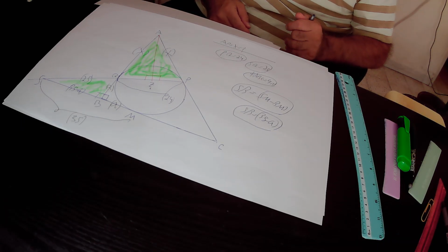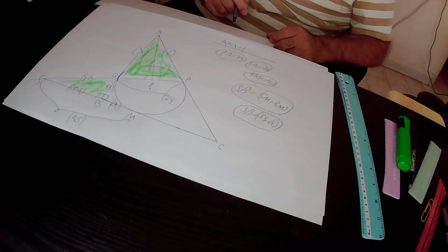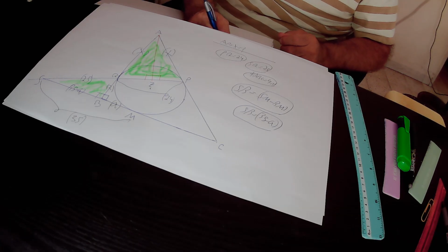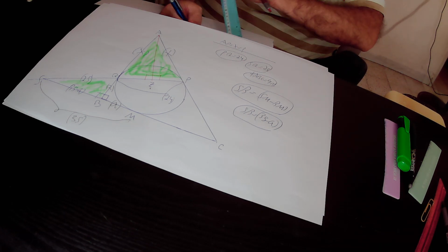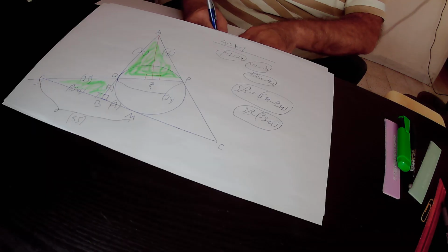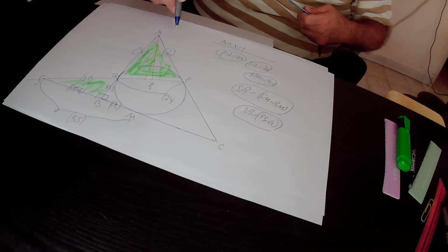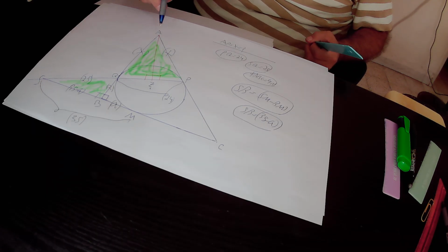So according to rule 21, the perpendicular AZ bisects the base QP into two halves.